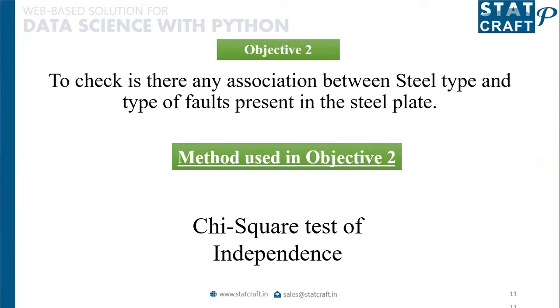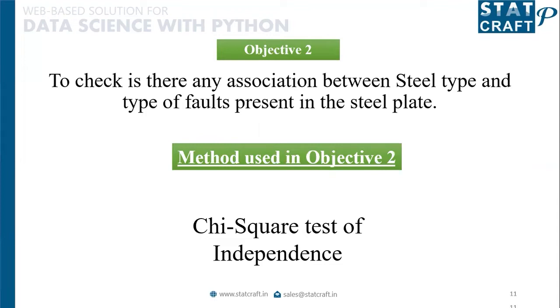Here, the objective is to check if there is any relationship between the steel type and the type of fault present in the steel plate. We have different types of steel, like the 300 variety of steel or the 400 type of steel. And we are interested in finding out if there is a relationship between the steel type and the type of fault present on the steel plate.